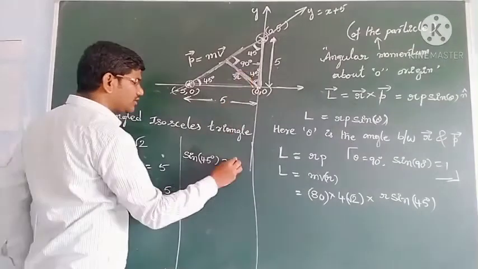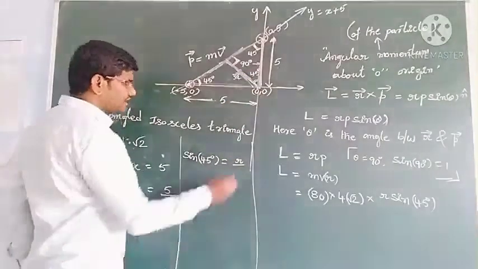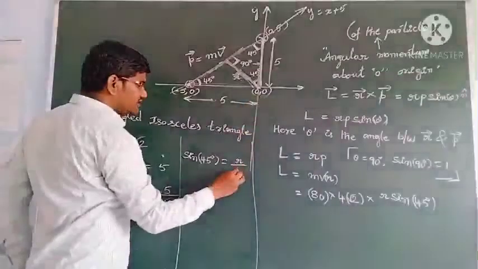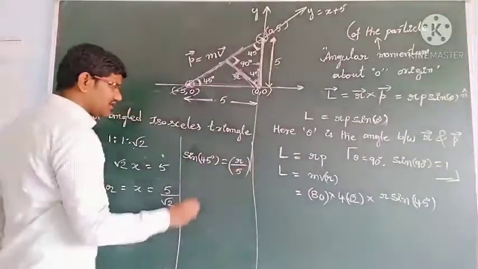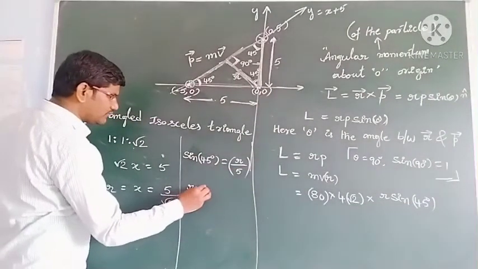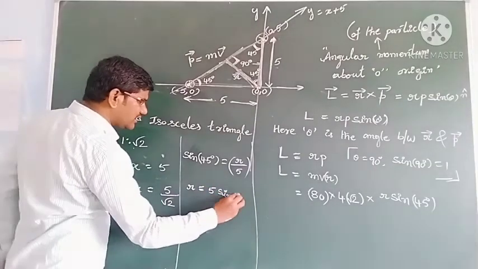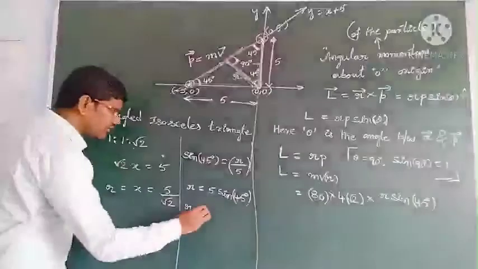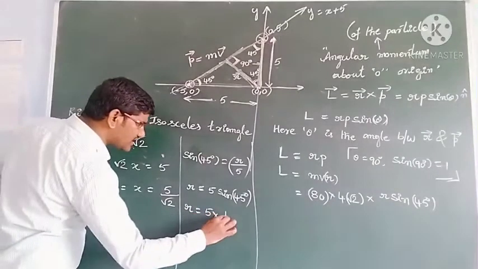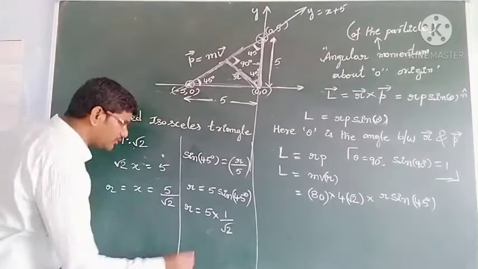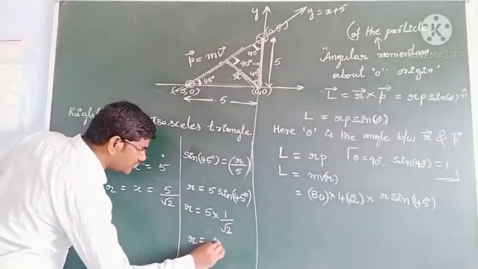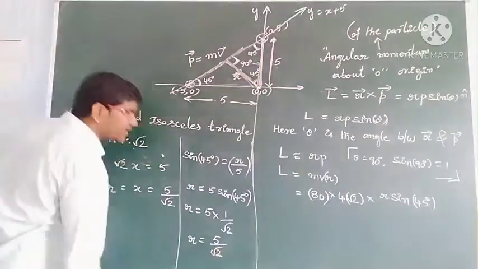Sin 45 degrees is equal to the opposite side r by the hypotenuse, which is 5. Then r is equal to 5 sin 45 degrees, which is 5 into 1 by root 2. Then the r value you are getting is 5 by root 2.